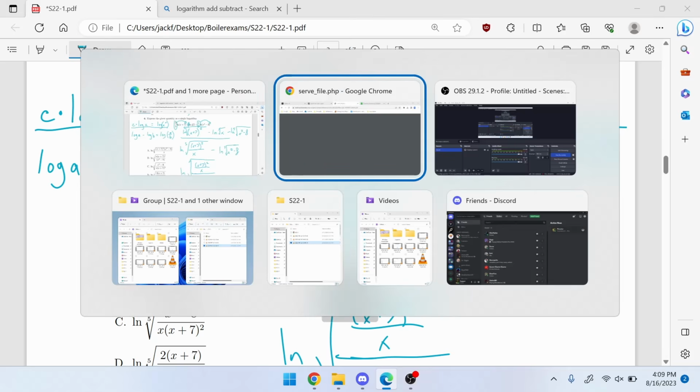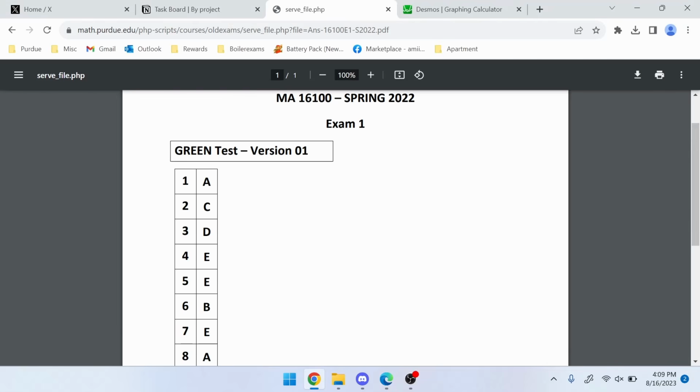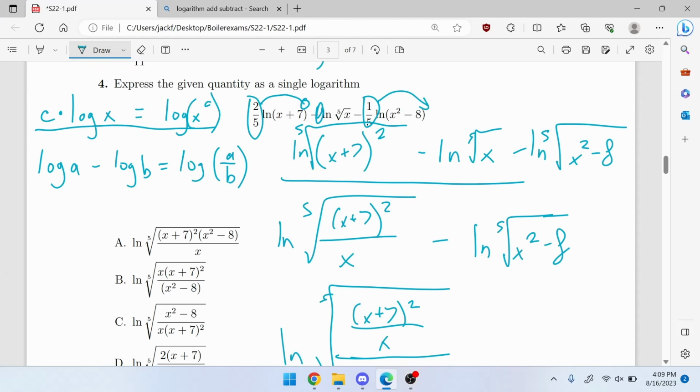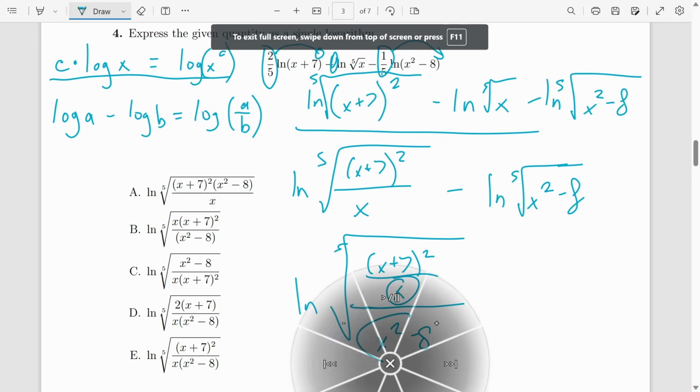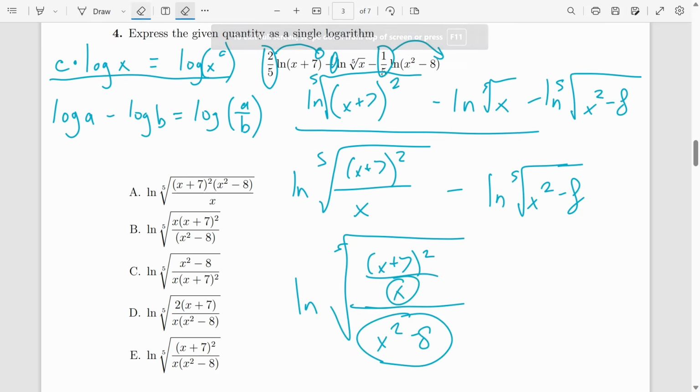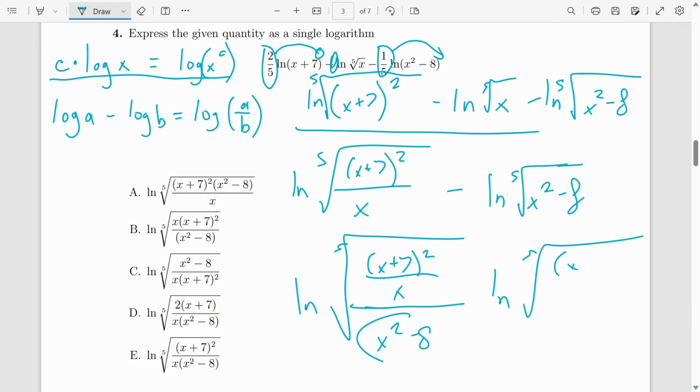I should have memorized this ahead of time. 4 is E. Okay. E is that. So we've got our two denominators here. Those are both the denominators of one fraction. So this is now ln of the fifth root of x plus 7, which is the sole numerator right up here, and then our two denominators, which are x and x squared minus 8.